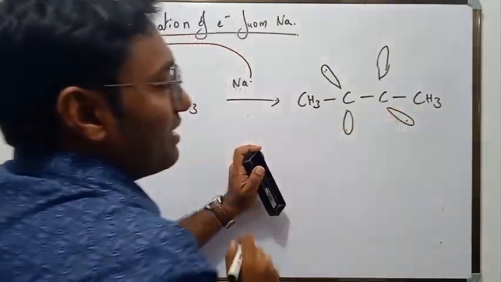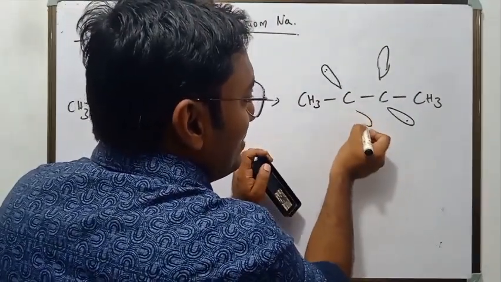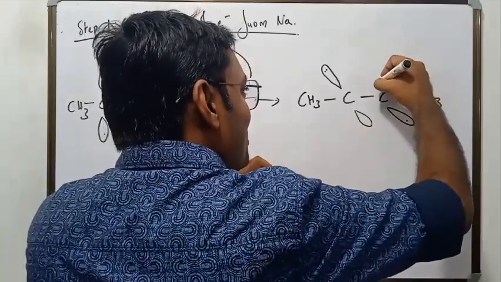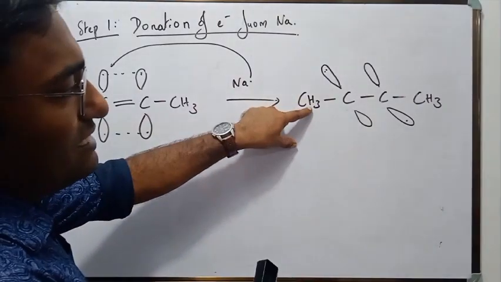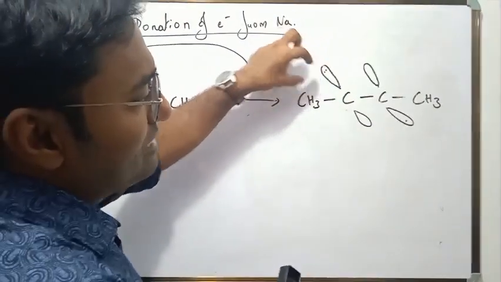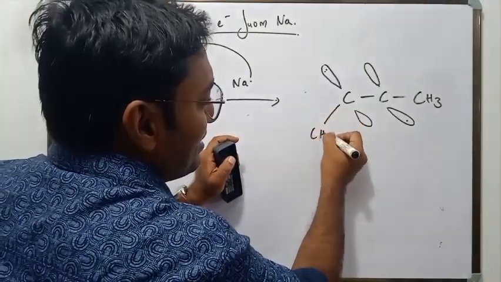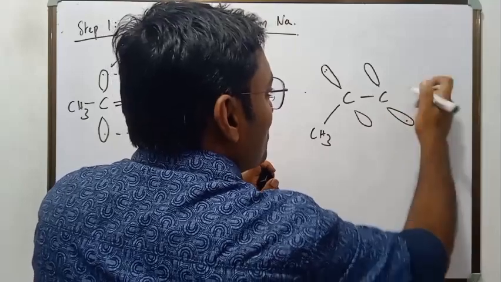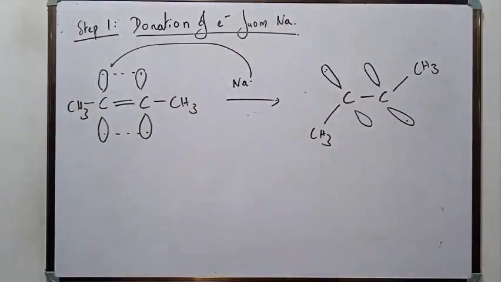Accordingly its lobe direction will also change a little bit. This CH3 will face repulsion forces, so this CH3 may come down and the other CH3 may go upstairs because there is repulsion. So we see a situation like this when you are treating it with sodium.